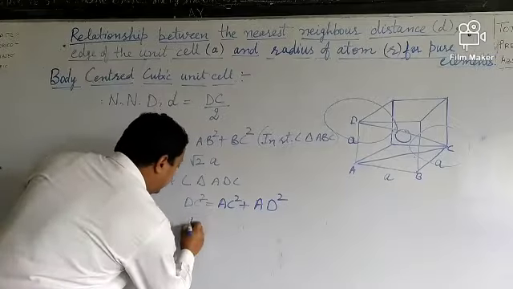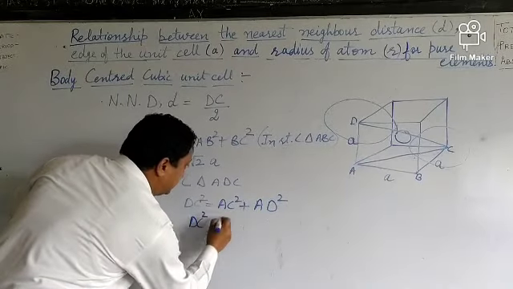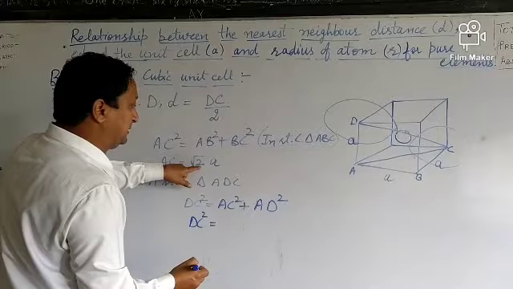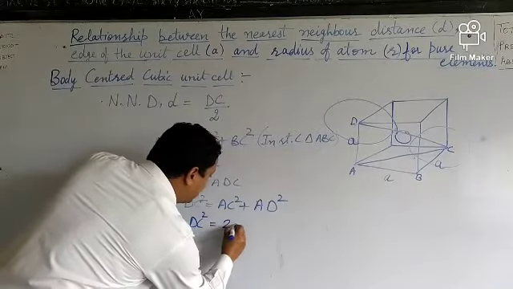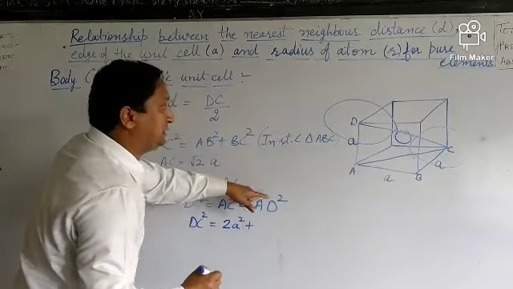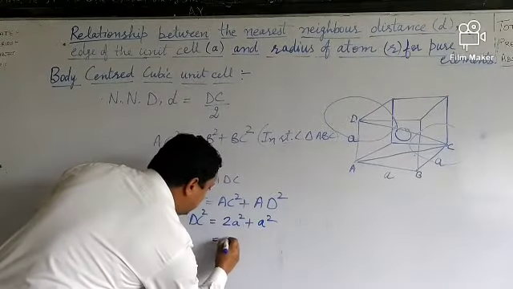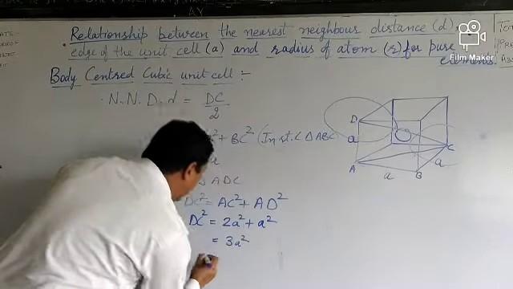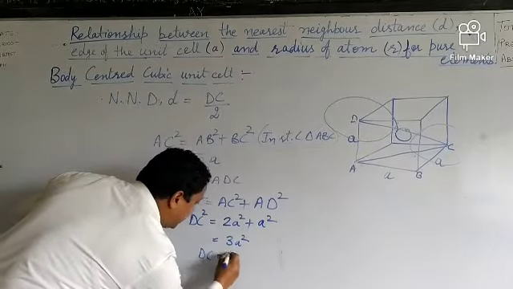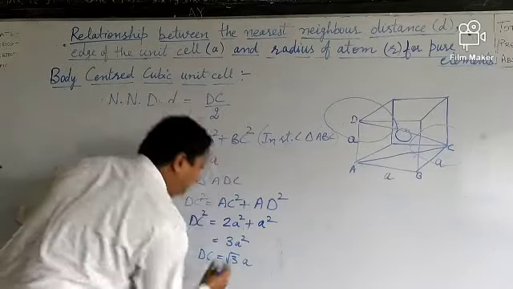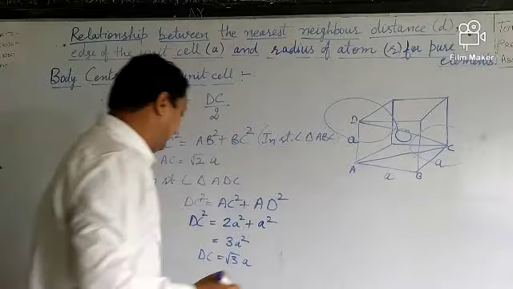So DC square is equal to AC square. What is AC? AC is under root 2 A. So it becomes 2A square plus AD square. AD means A square. So how much is it? 3A square. So DC is equal to how much? Under root 3 A.